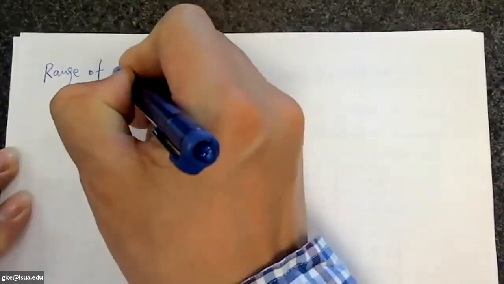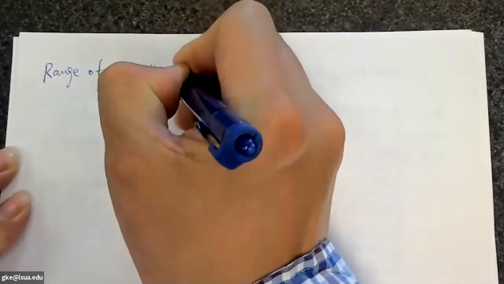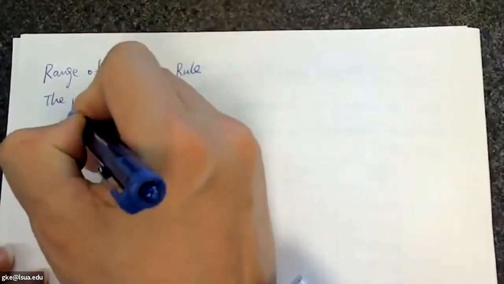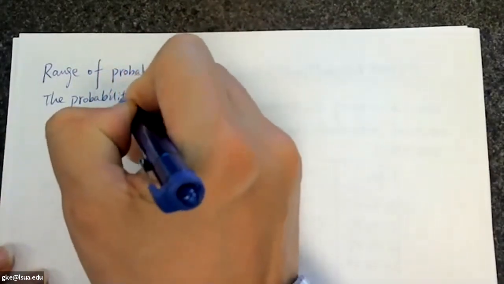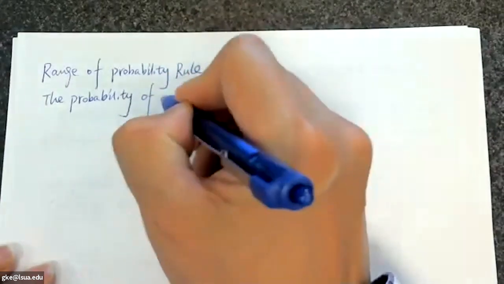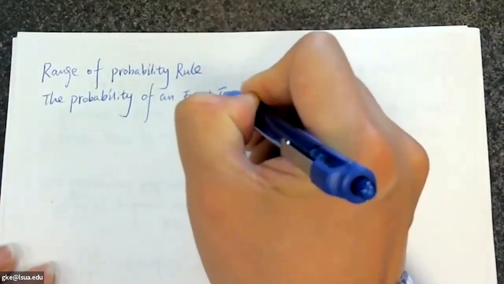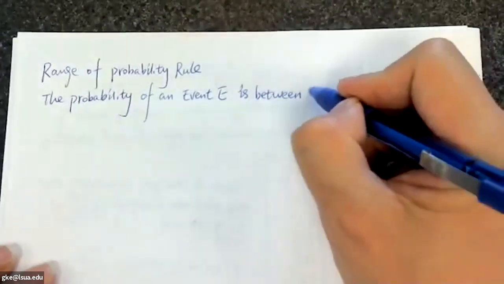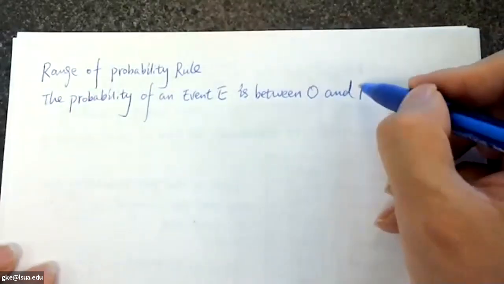The range of probability rule. The probability of an event E is between 0 and 1 inclusive.